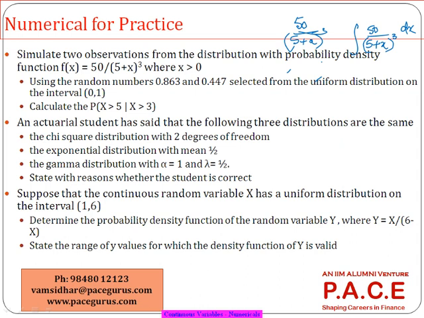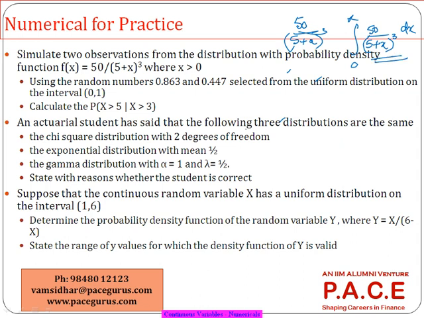So if he has given a density function, you should convert it into a cumulative distribution function by doing an integration over this entire area. So I'll do it from, let's say, 0 to x. I am doing the integration from 0 to x for this particular variable.